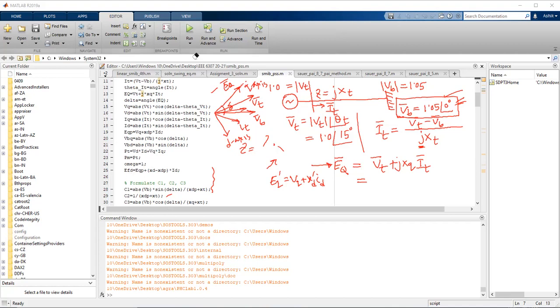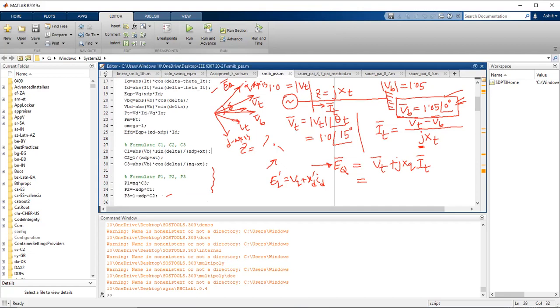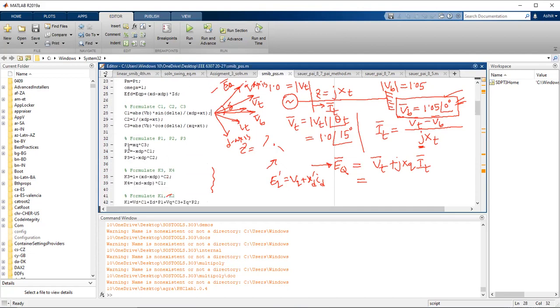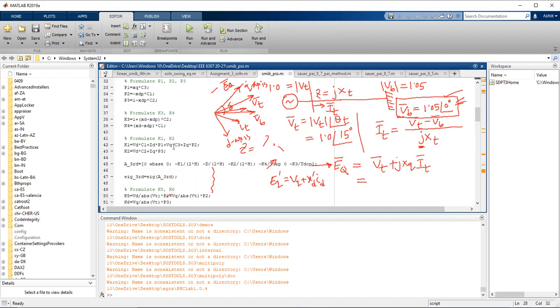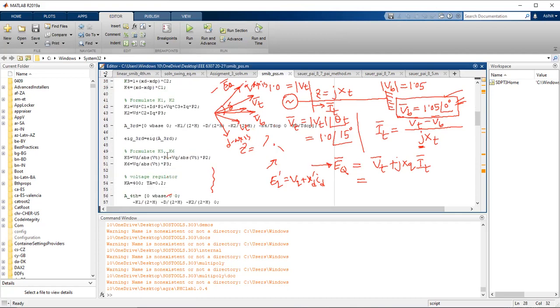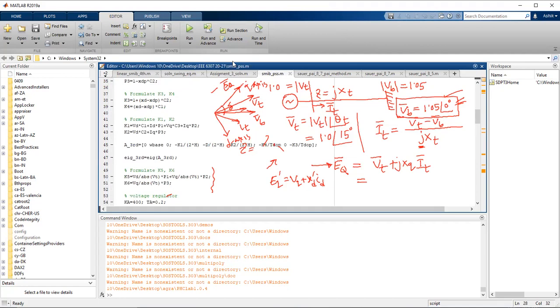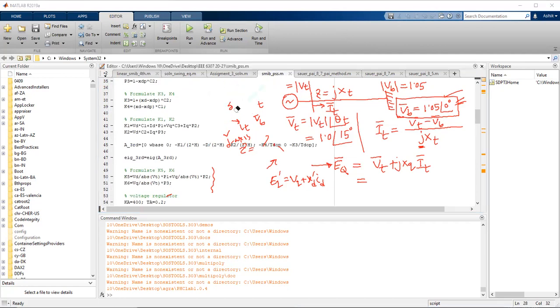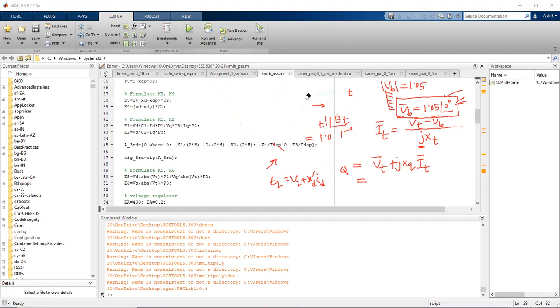Then the remaining part is for linearization. You formulate C1, C2, and C3. Again, you formulate P1, P2, P3. Then you formulate the K constants, K3 and K4, K1 and K2. Once you have the values for K1 up to K4, you are in a position to calculate the third order system matrix A. I have denoted it by A underscore third in line number 45.